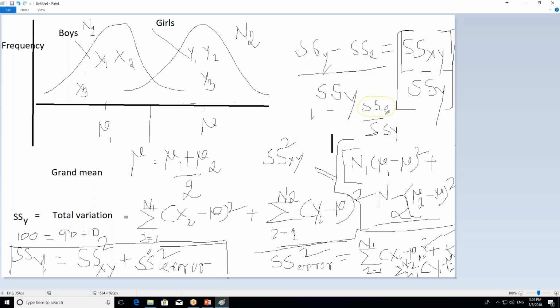What is sum square of error? Sum square of error is nothing but the sum of squared differences between each data point and its group mean. So when all the data points sit on the group means, there is no difference, so it will become zero, right?